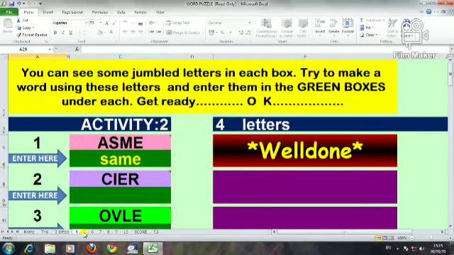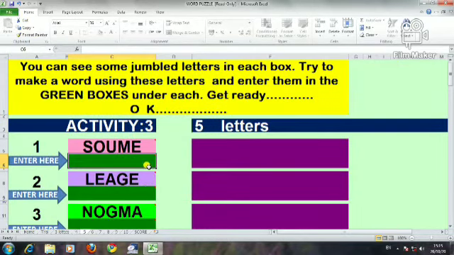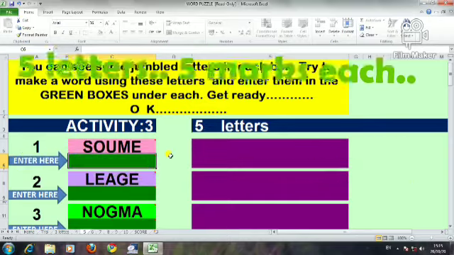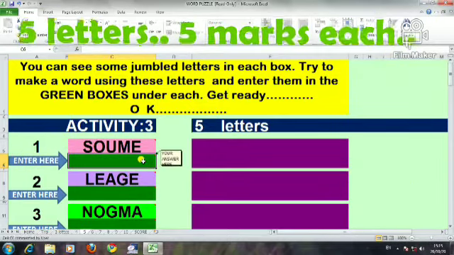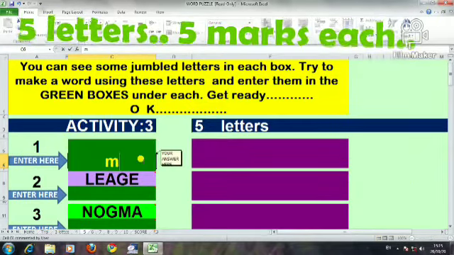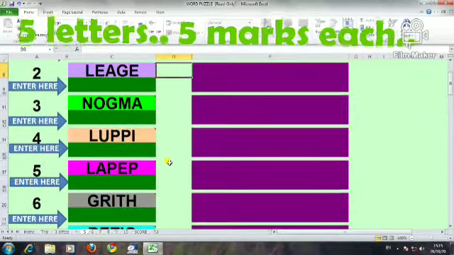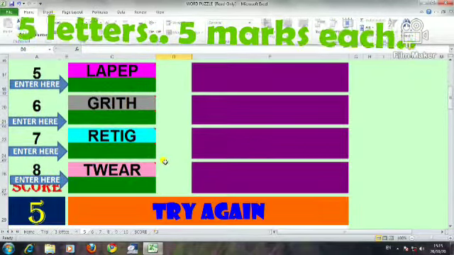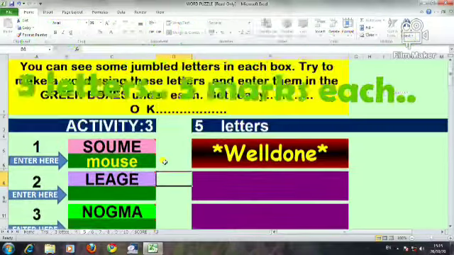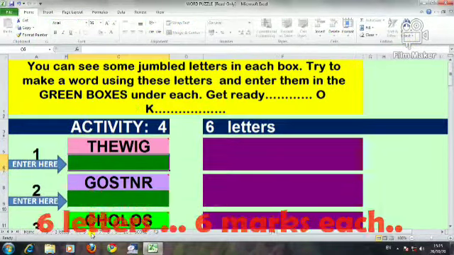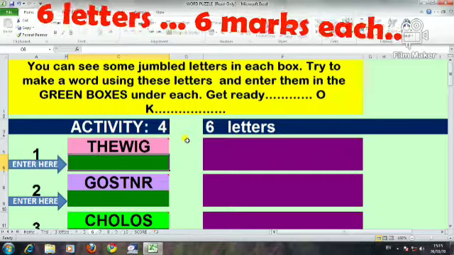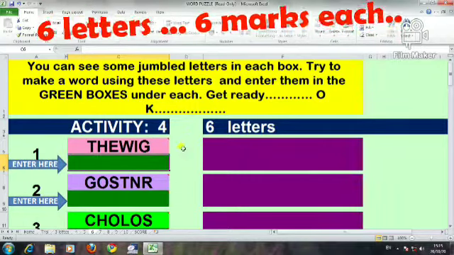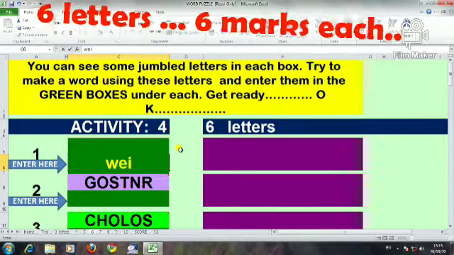Now let's go to activity 3. Here the letters are 5. Now the answer for this one is mouse. We enter here. See, well done. How many marks? 5 marks, 5 letters. Then let's go to the next one, 6 letters. See, here the answer is weight.